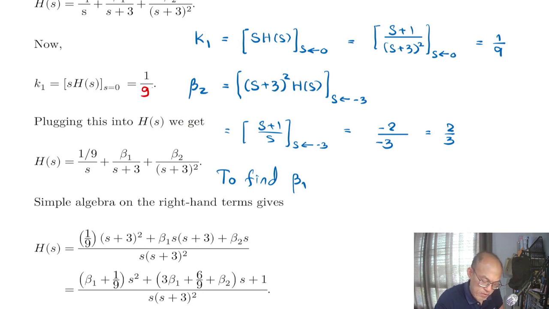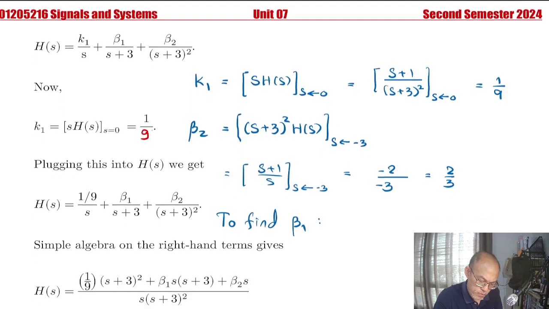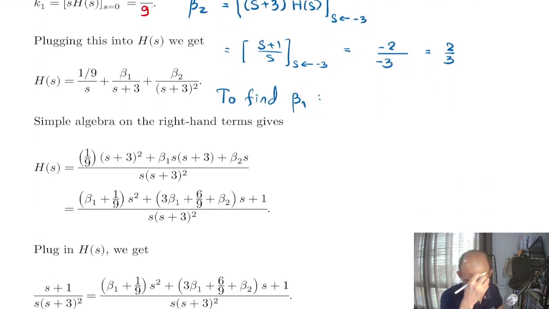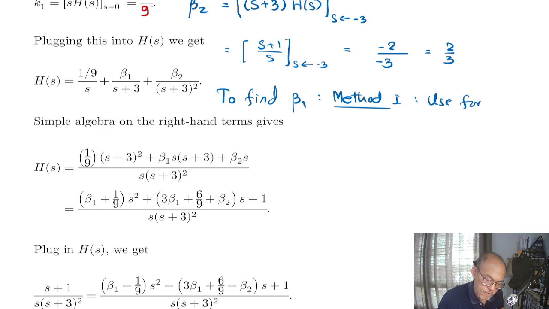So I'm gonna do method 1 by using differentiation. Use the formula.